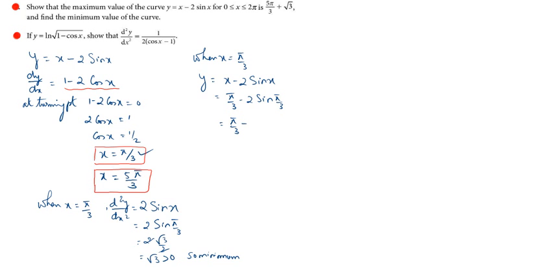So this 2 and 2 get cancelled. It is root 3. So we can say pi by 3, pi by 3 minus root 3 is the minimum turning point.